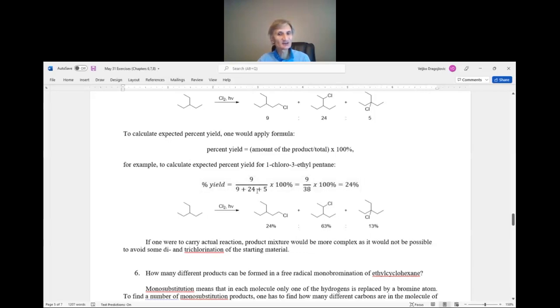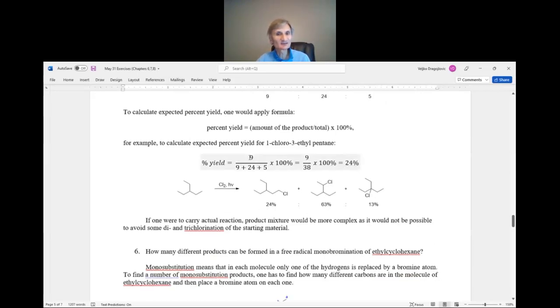So you would expect this one to form in 24% yield. For the second one, you would plug in 24, and you would end up with 63%. And for the last one, you would plug in 5, and you end up with 13%. Those are the expected yields.